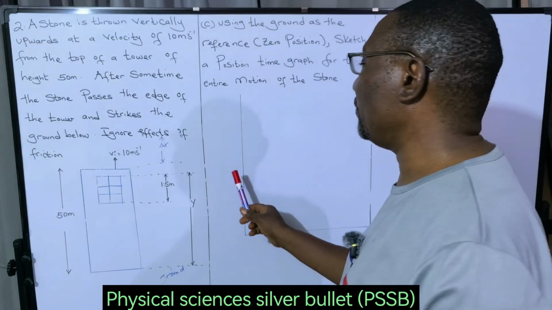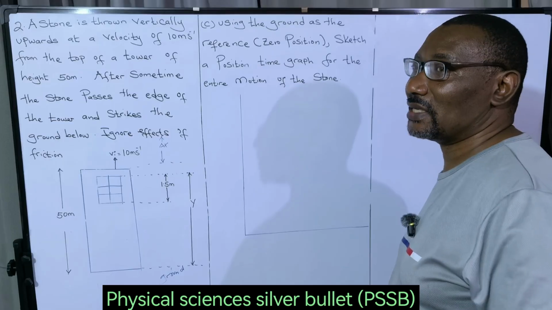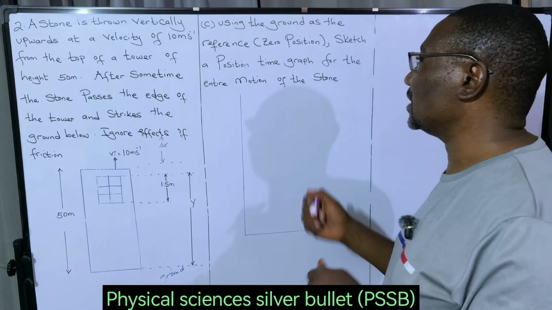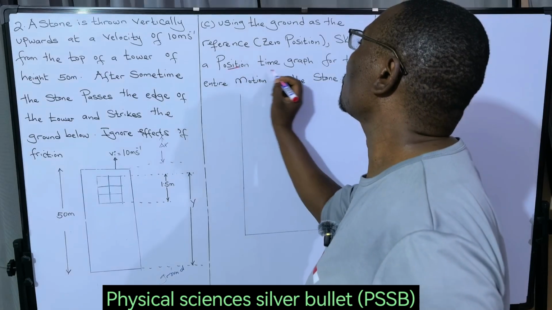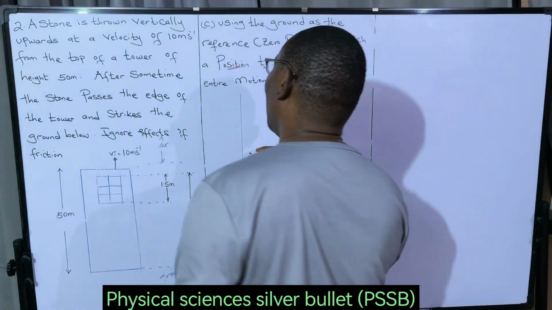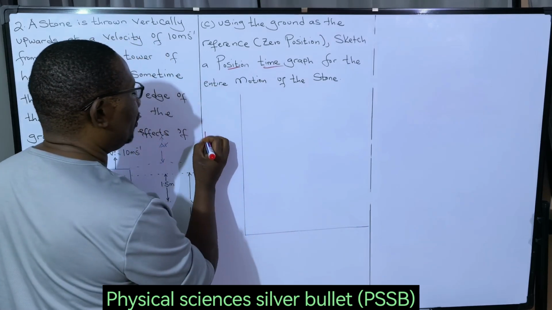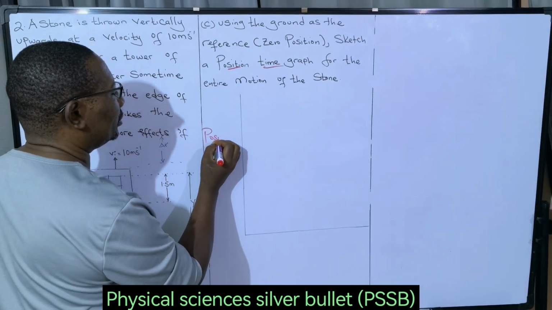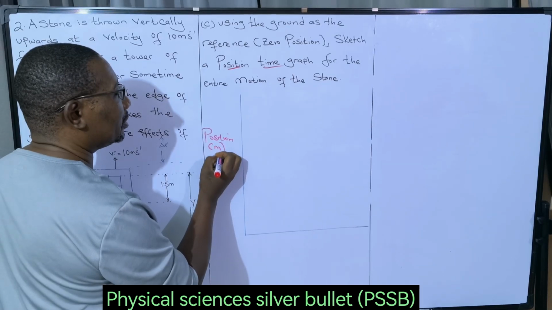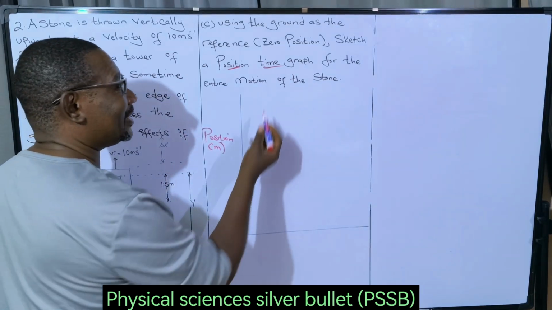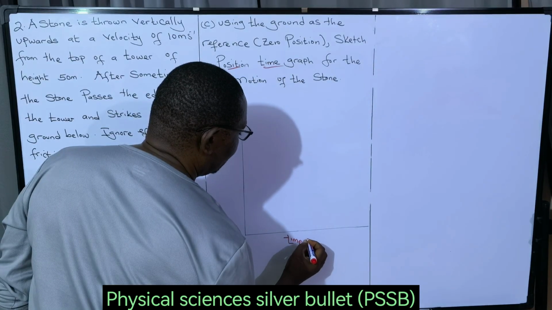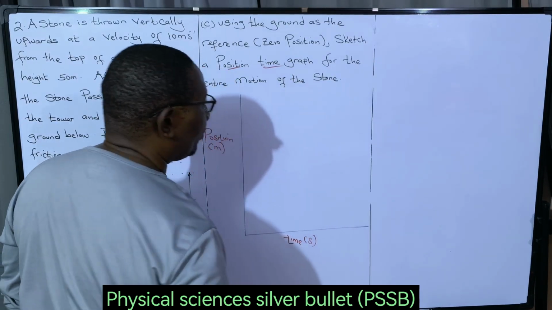Yeah, so having this as our axis, they said it's supposed to be a position time graph. So on the y-axis, we have the position in meters, and on the x-axis, we have time in seconds.